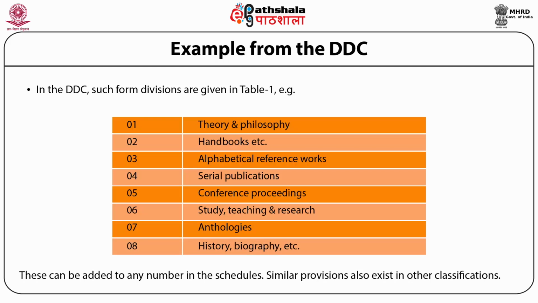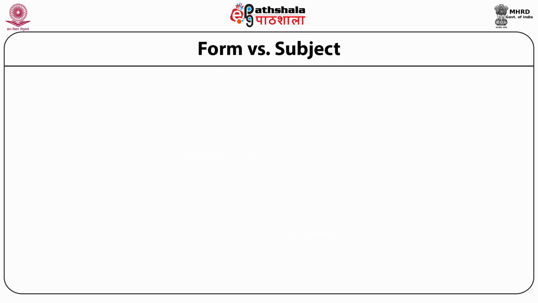These numbers with their notation such as 01, 02 can be added to any number in the schedules, and similar provisions can also exist in other classifications such as Colon Classification, where they are known as common isolates.